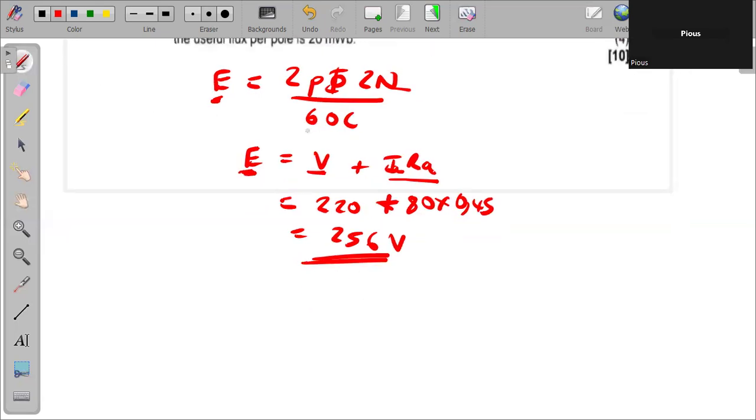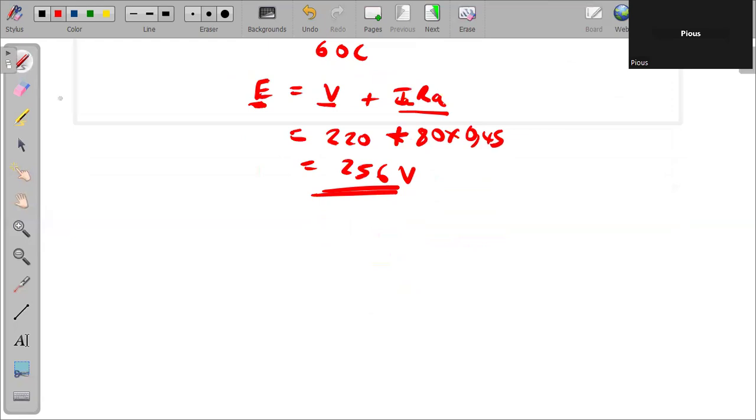Now that we have E, we can come back to this formula and make n the subject, because we are calculating the speed. First, we multiply both sides by 60C, so we get 60CE equals 2p phi Zn.